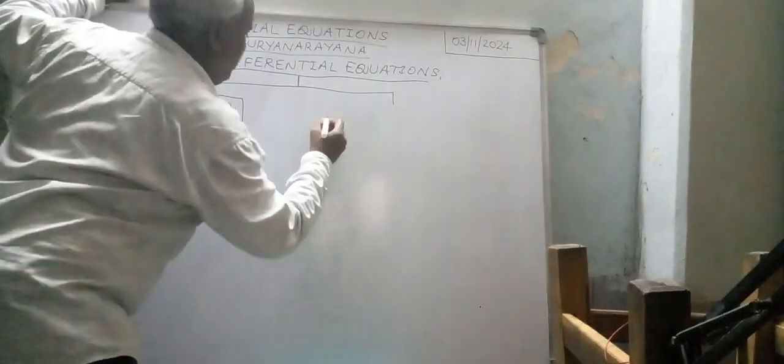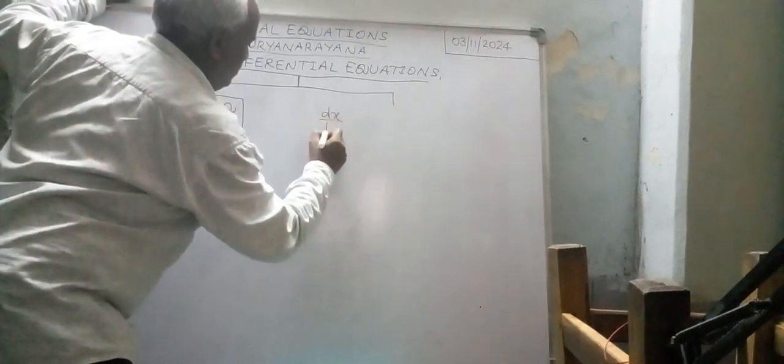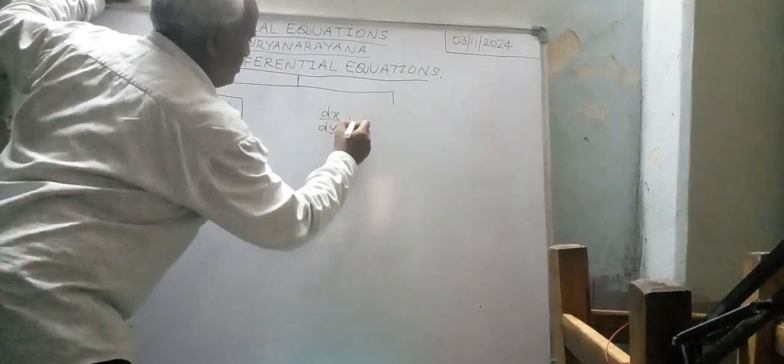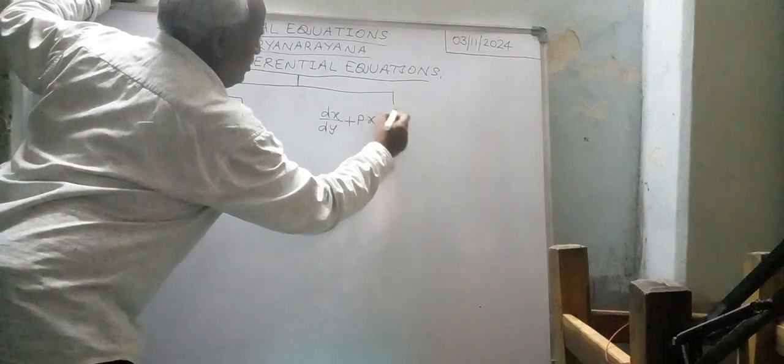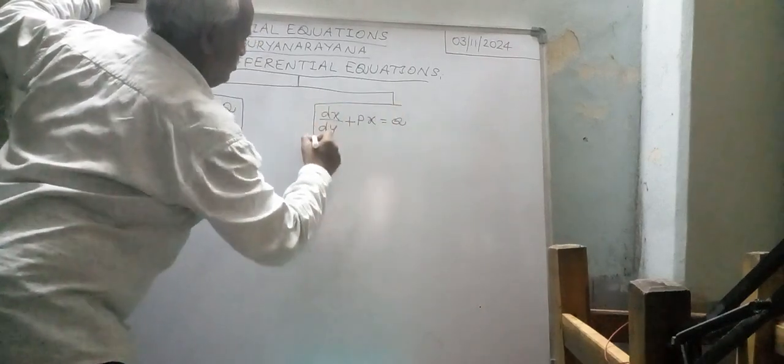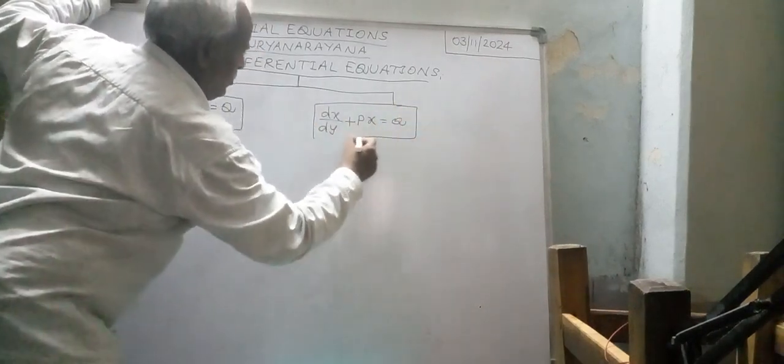This is one kind of linear differential equation, and another one is dx by dy plus p into x is equal to q. These two are said to be linear differential equations.